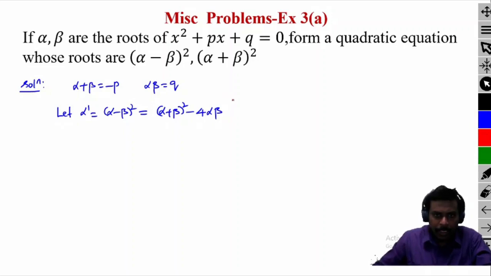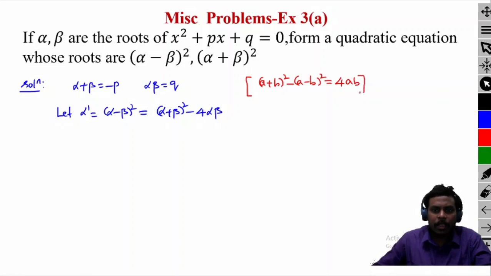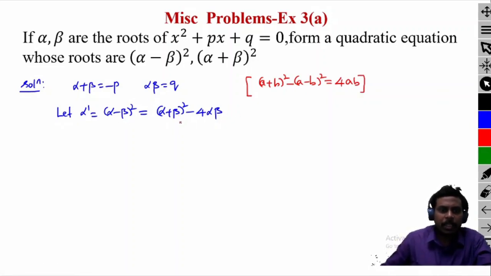Hope you know this identity. We are using this identity actually. A plus b whole square minus a minus b whole square is equal to 4ab. This relation is well known to us. I am using that relation here.